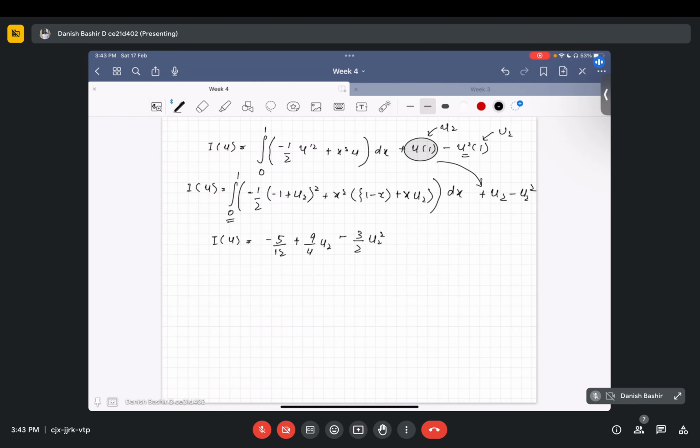So there is only one unknown, u2, and the necessary condition for the error to be minimum is that I of u, a function of u2, has its partial derivative with respect to u2 equal to 0. When you carry out this differentiation and put it equal to 0, you will get u2 equal to 3 by 4.